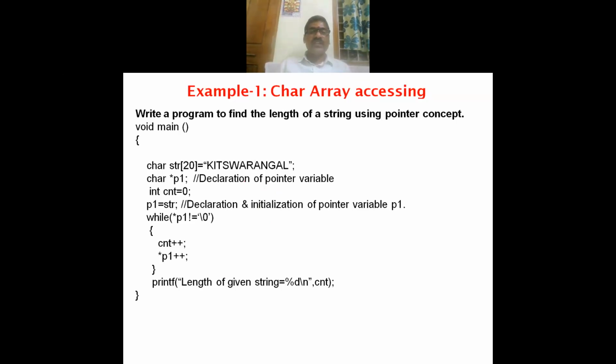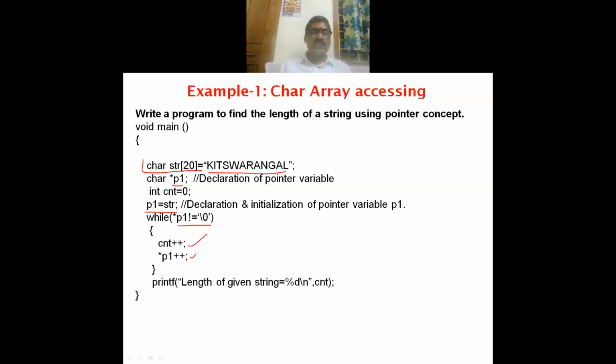So we are trying to find the length of this string. I am taking it as a one-dimensional character array, and we are declaring a pointer, char star p1, and then p1 is equal to str. So we are declaring and initializing the pointer variable p1 here, and while star p1 is not equal to the null character, count plus plus and p1 plus plus.